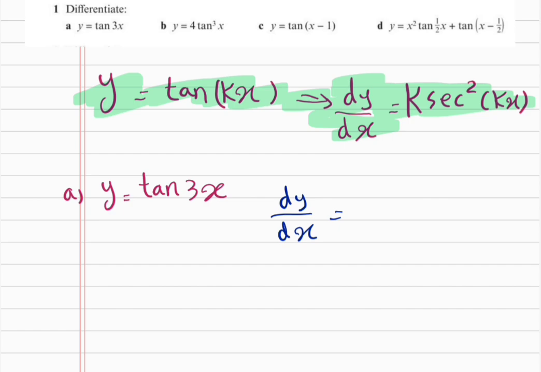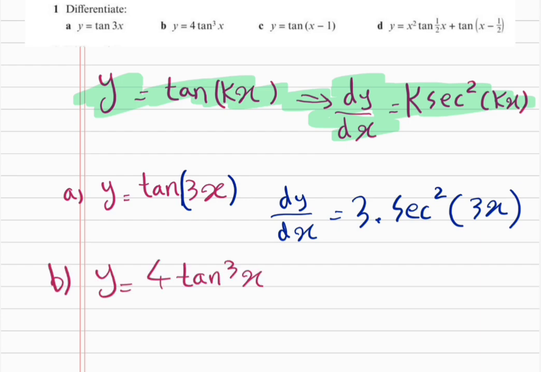So basically the inside the bracket, the coefficient of x comes out, so 3 comes out, and then tan itself differentiates to sec squared. So here we write sec squared, and obviously the inside the bracket stays the same. So in this case, inside the bracket is 3x. Obviously I was writing kx. Yeah, so this is the derivative of this function.